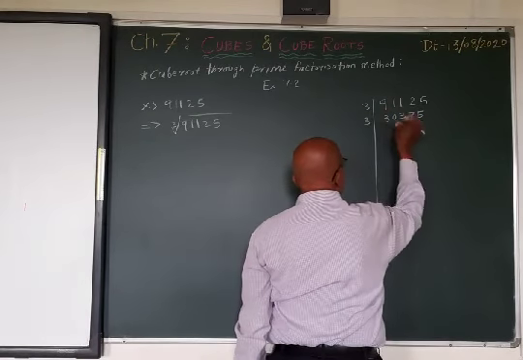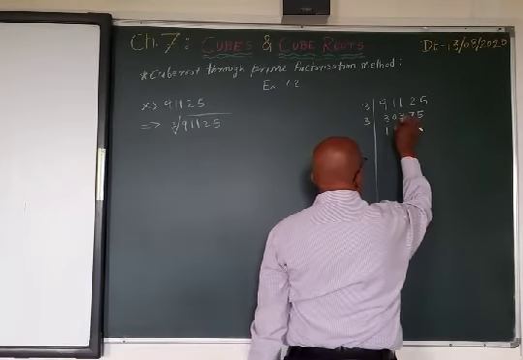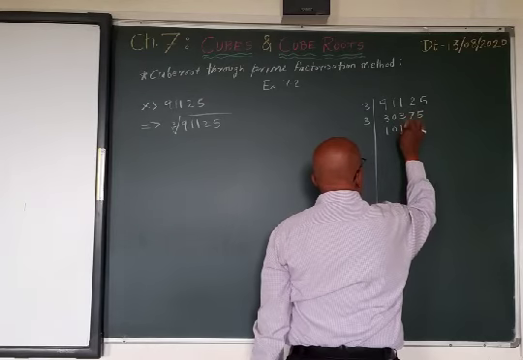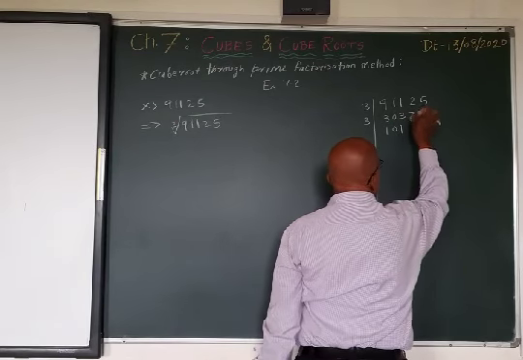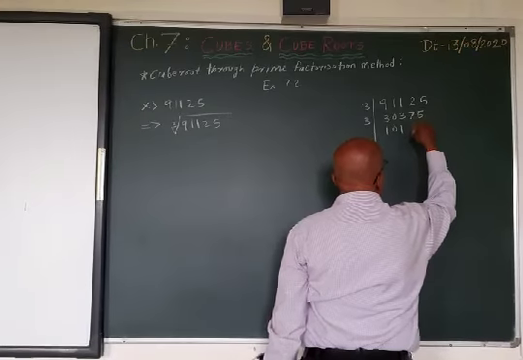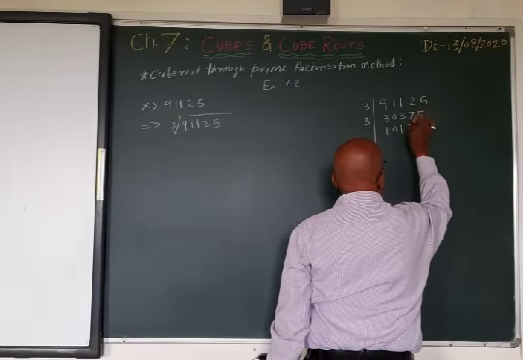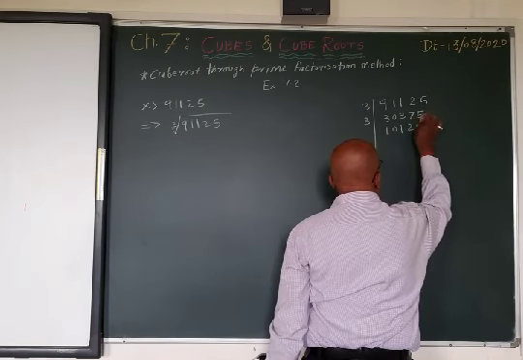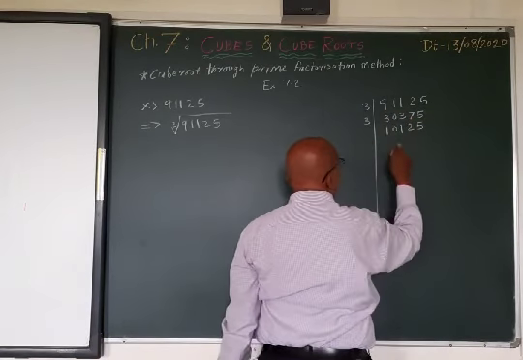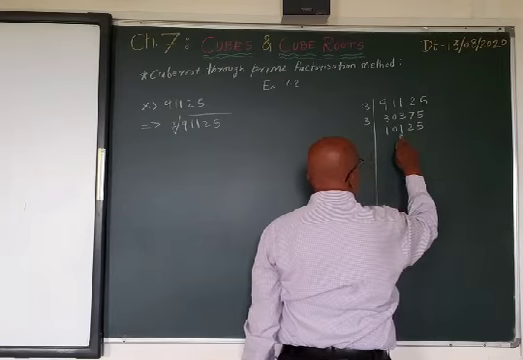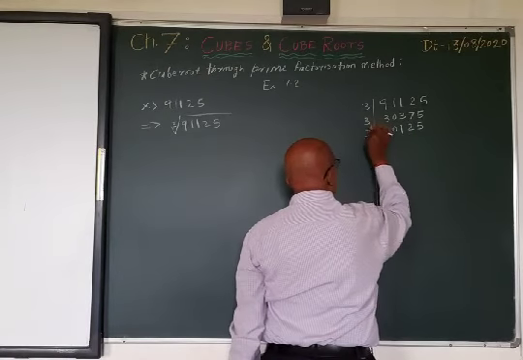So 3. 3 ones are 3, 0, 3 ones are 3, 3 twos are 6, 3 5s are 15. Again 5 goes to 7, 8 and 9, divisible by 3.